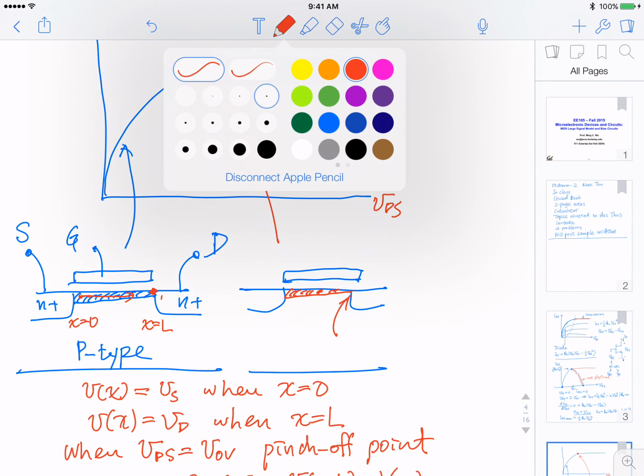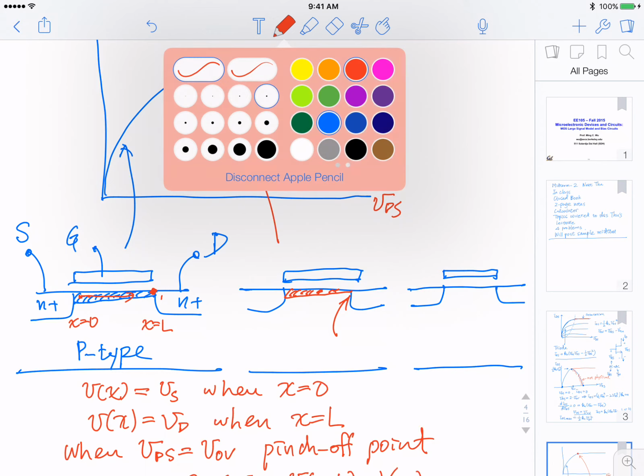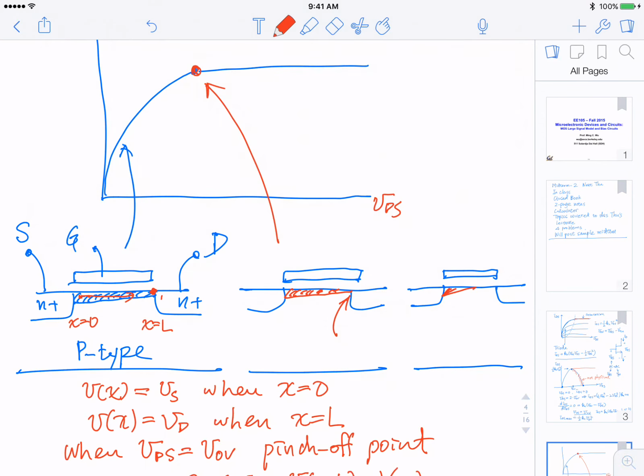So these allow us to progress to the next part. If we further increase VDS, the charge is going to become shortened. So in this area, there's no charge at all, okay? So this is this part. Okay. So that's the IV curve.